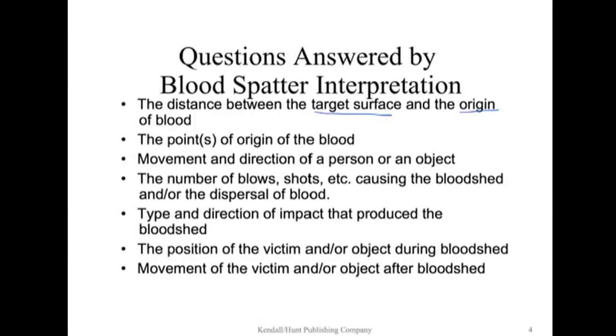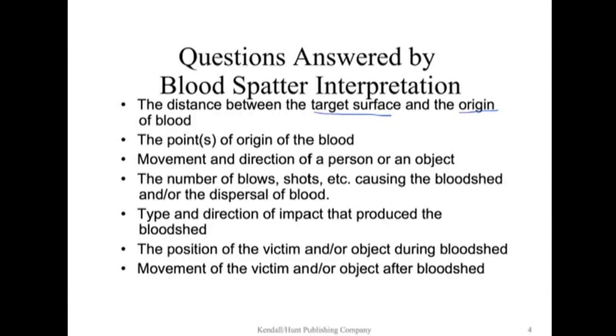The movement and direction. This is something that the Sam Shepard case actually helps us understand and process, and we're actually going to watch a CSI episode that does it as well. When we look at analyzing blood drops, we can figure out the directionality. So was a person standing in one place? Were they walking or moving in a particular direction?